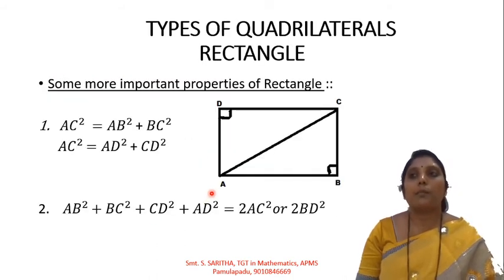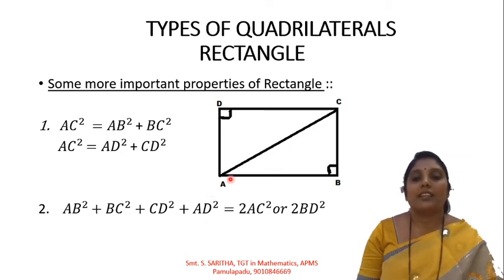We have some more important properties of a rectangle. We know that each diagonal divides the rectangle into two right angle triangles. By applying the Pythagoras theorem for the right angle triangle, AC square is equal to AB square plus BC square. Also, AC square is equal to AD square plus CD square.